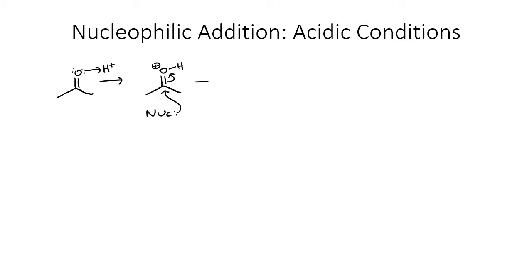Now in the end, the product that we form is similar or exactly the same as the product that we formed in the basic condition mechanism. We just had a slightly different order in terms of the different types of attacks. Now under acidic conditions, we want to make sure to avoid the formation of strong bases.